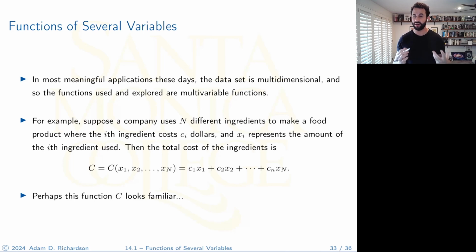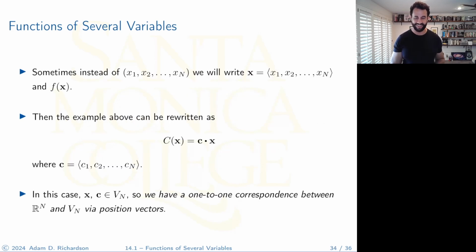And so our total cost function is literally this right here. Maybe this looks familiar to some of you: c1x1 plus c2x2 plus c3x3. Think about it for about 5 seconds.